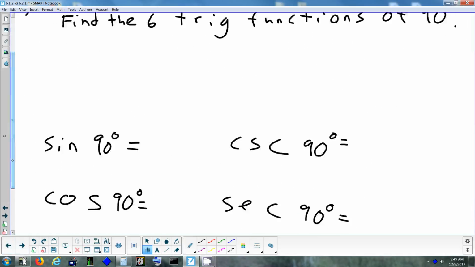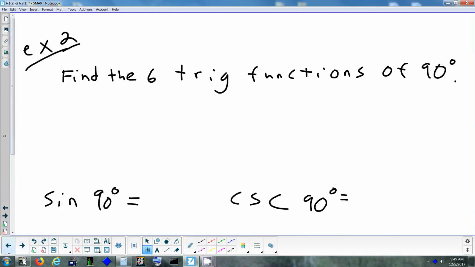Let's look at this one. There's a bunch of them. It doesn't matter which one we do. The point here is they're asking for the 6 trig functions of 90. What would you have to do first in this problem? You'd have to get the coordinate.